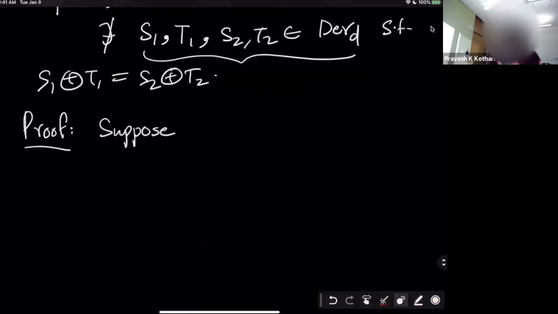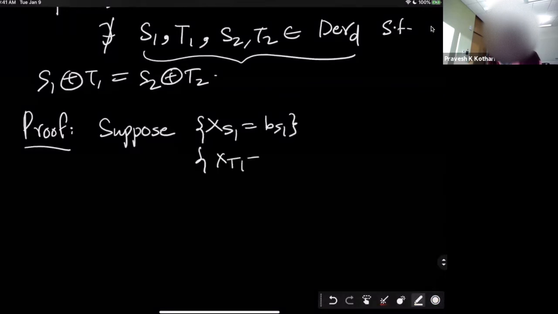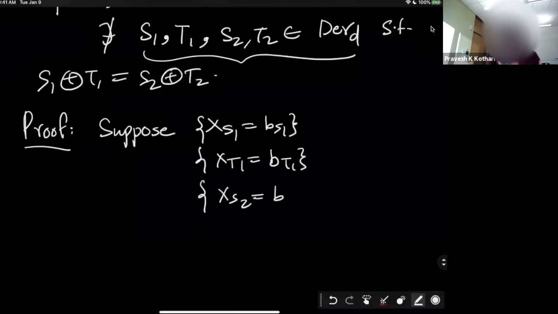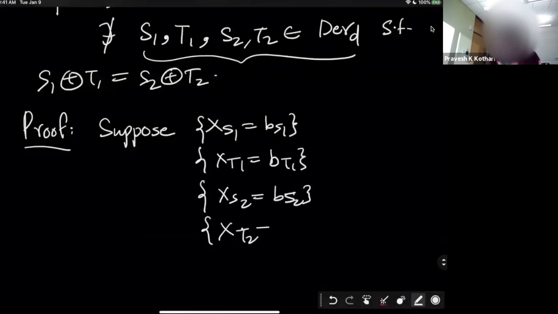What does the hypothesis mean? That we had already derived all these constraints in the set of derivations, and in fact each of them is associated to some union of clauses. So let's call it U1, U2, let's say U1 prime, U2 prime.